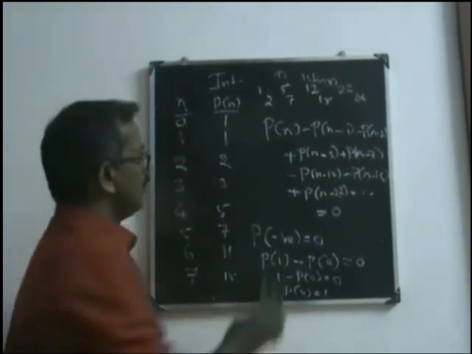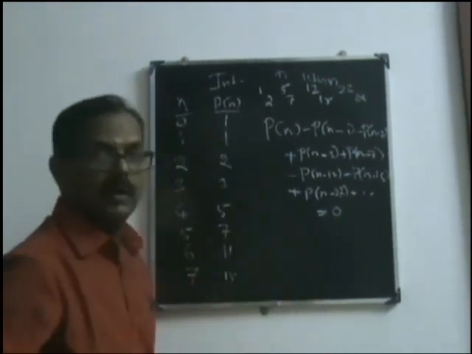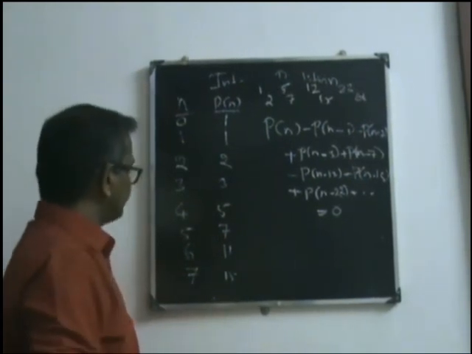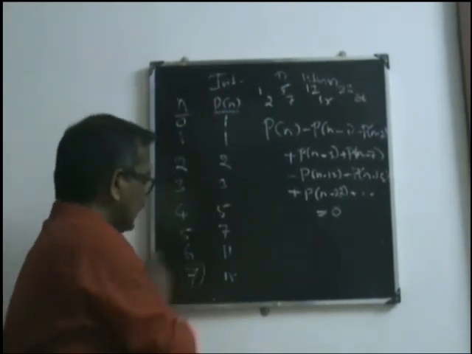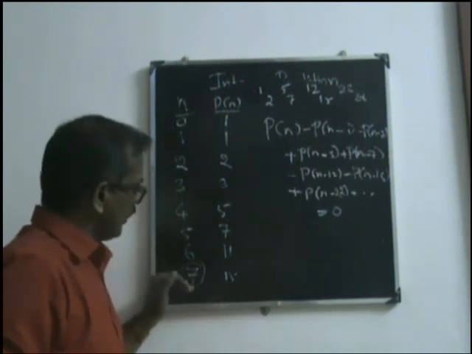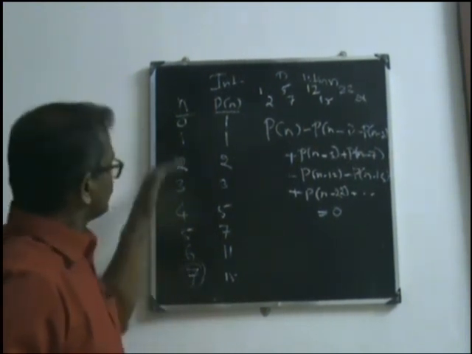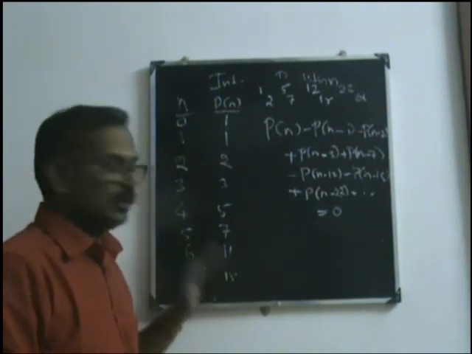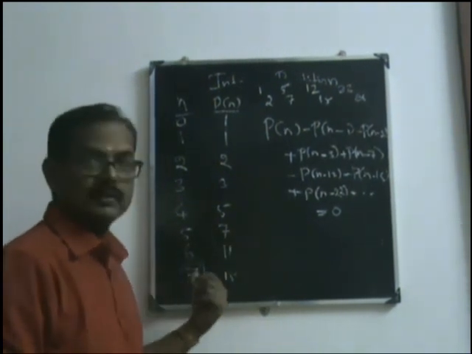Now based on that, we can find the values for some number. Maybe we can take 7. Actually we know the values up to 6, so we can find P of 7, because then we can substitute those values.